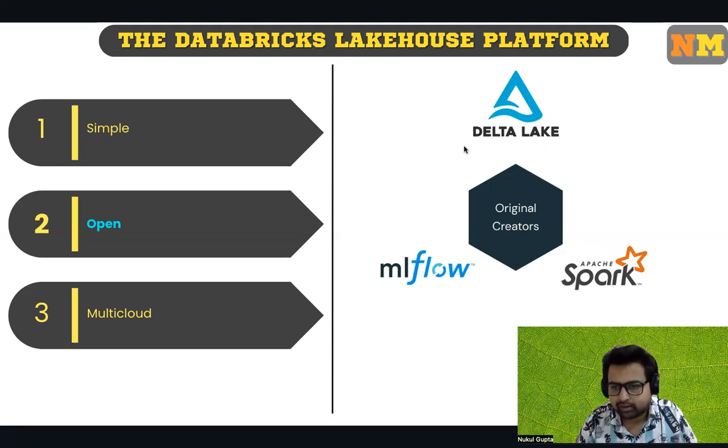You know that Apache Spark is 50 times faster than a traditional database. In Apache Spark, you can run SQL queries just like you run in any traditional database. And the beauty of Spark is that it is 50 times faster. It's very interesting. MLflow is for machine learning models, and Delta Lake we have already seen.